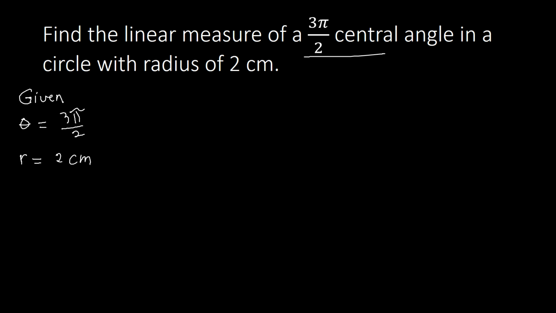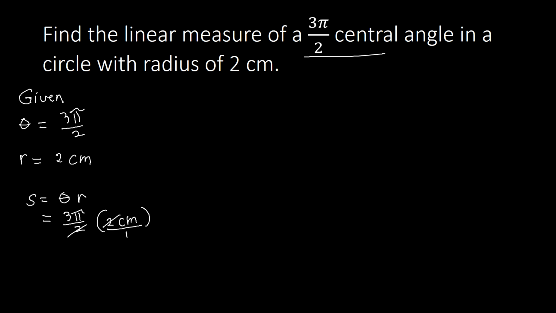So using now our linear and angular measure relationship, we have S equal to theta r, wherein our theta is 3 pi over 2 times our r, which is 2 cm. So 2 is the numerator, and this is understood with 1 as a denominator. Canceling the common factor on denominator and numerator, we have 2, which is common.